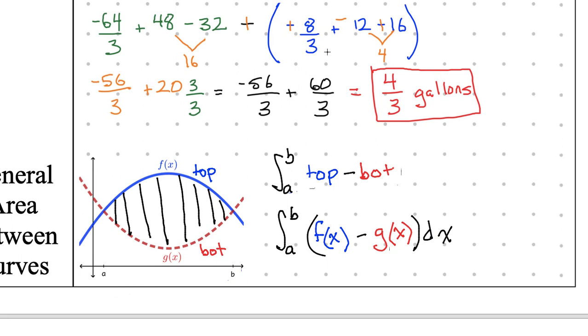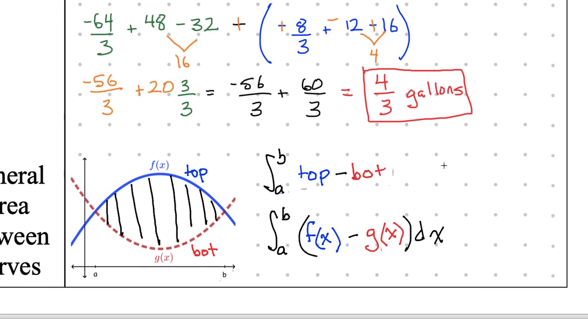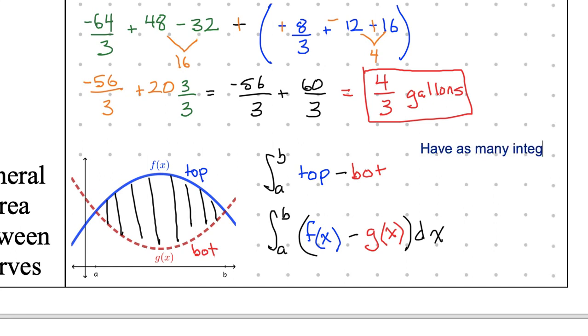And again, I want to put a giant note here. Let me type it and maybe make the font size small so I can fit it in here. Have as many integrals as there are "sections." Because if I have a bunch of different sections, I will need a bunch of different integrals.